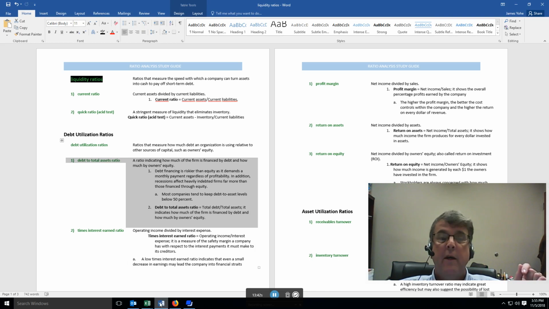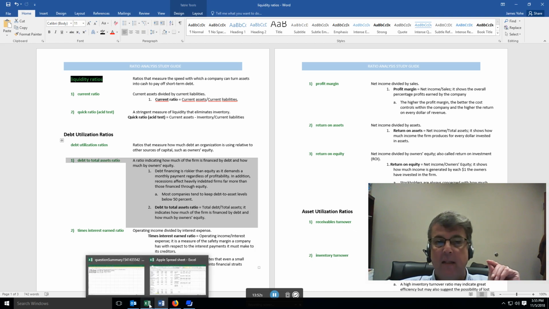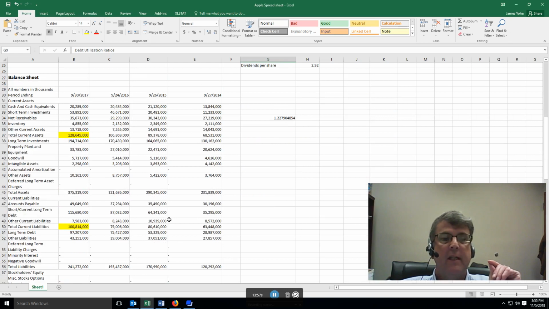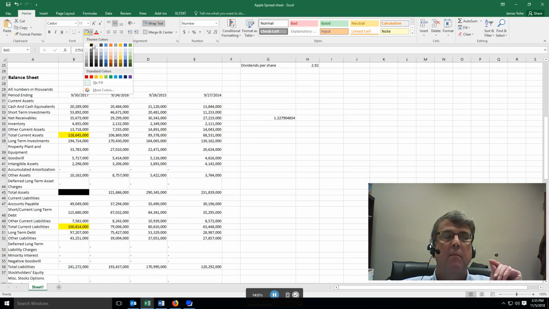Okay, so here, when we calculate this, we're taking total debt divided by total assets. We get that off the balance sheet. So here for Apple, I've got my balance sheet. And what I'm going to do here is look for total assets, and color that in blue.